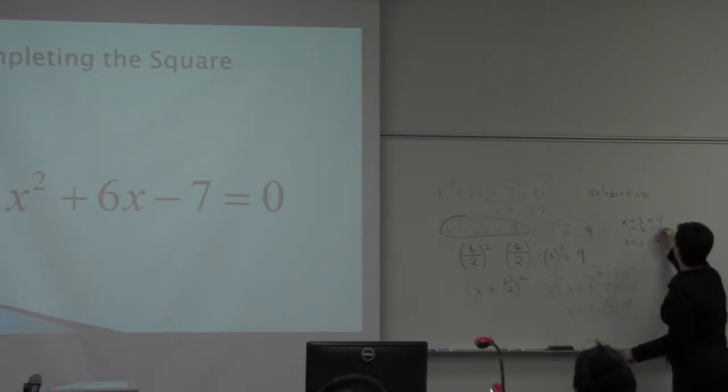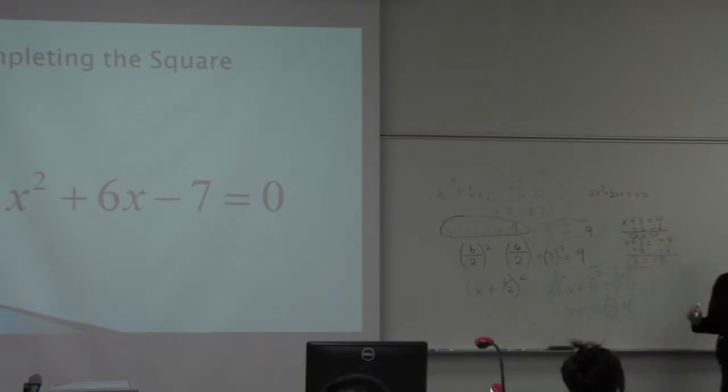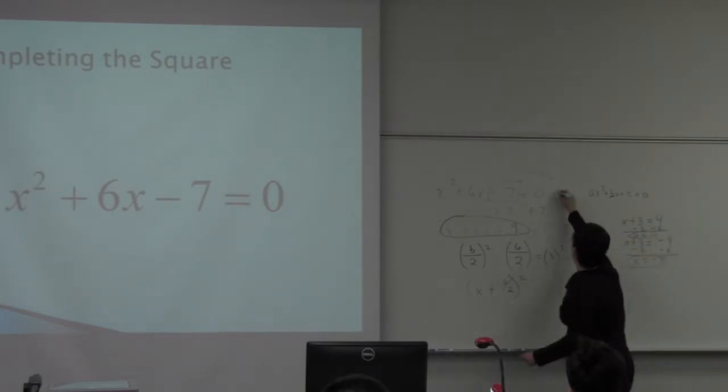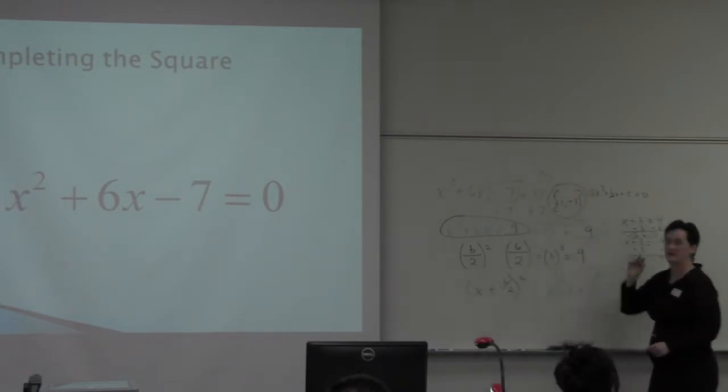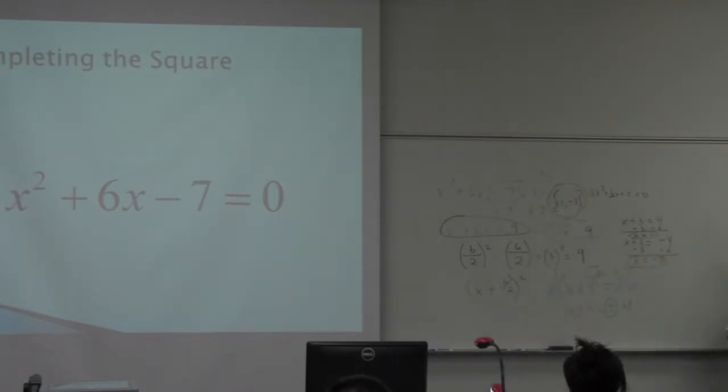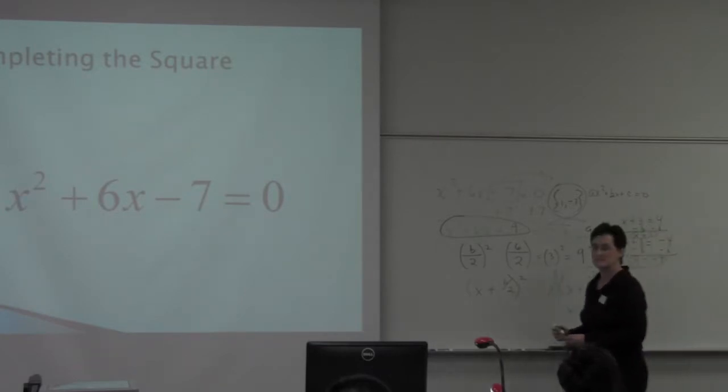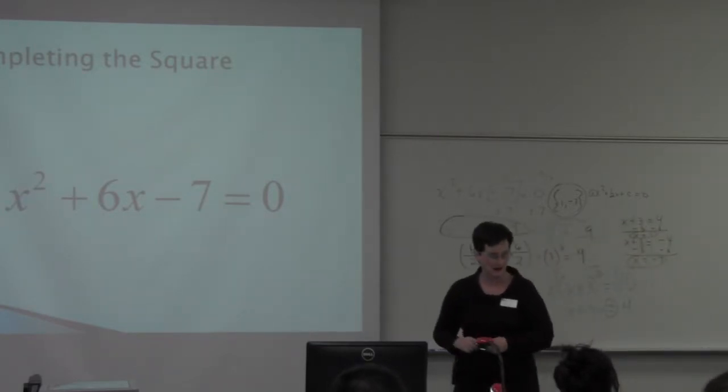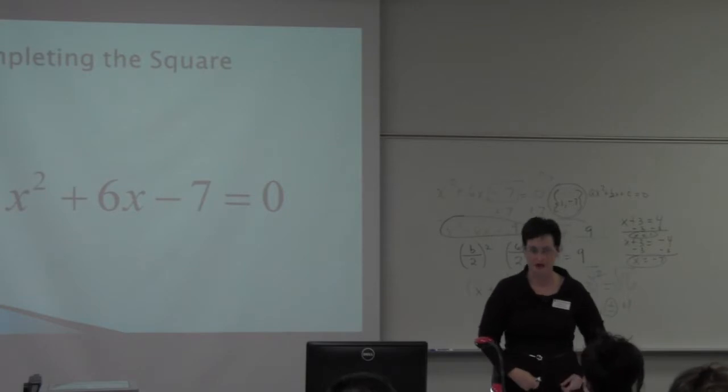All right, so we're going to subtract. And once again, how many answers do we have? 2. So you're going to write it as a set. And we have a 1 and a negative 7. All right, any questions so far?